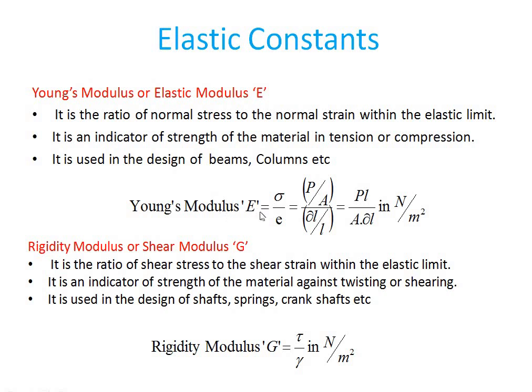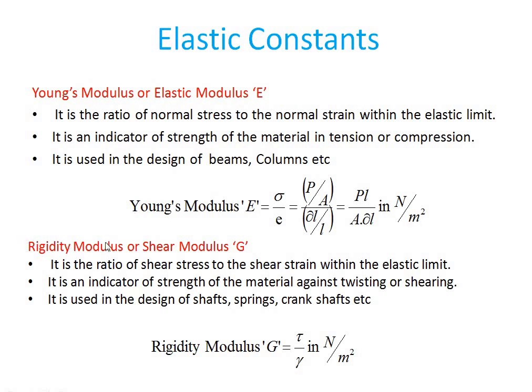Young's modulus E is equal to stress by strain, where stress is load by area and strain is change in length by original length. So we can say Young's modulus is PL by A into delta L. The unit is Newton per meter square.